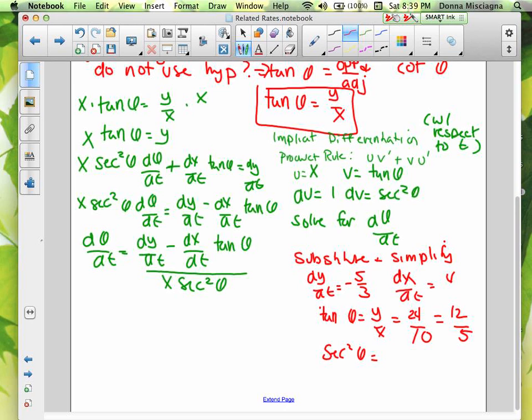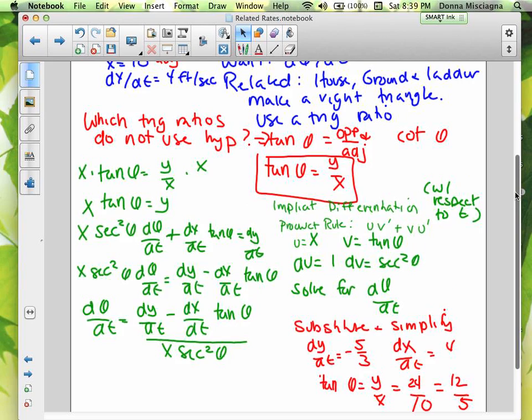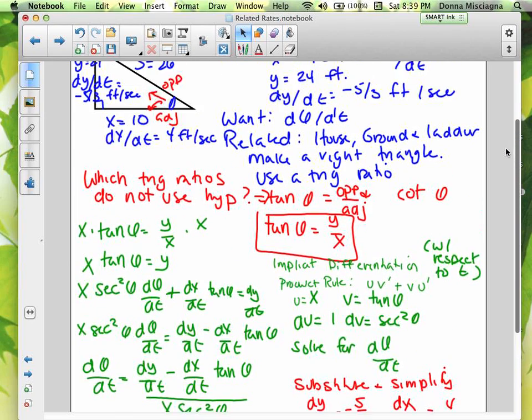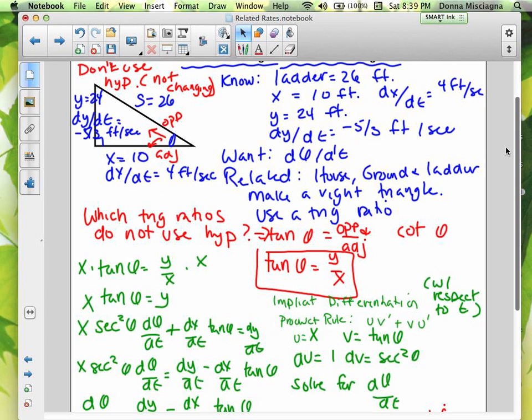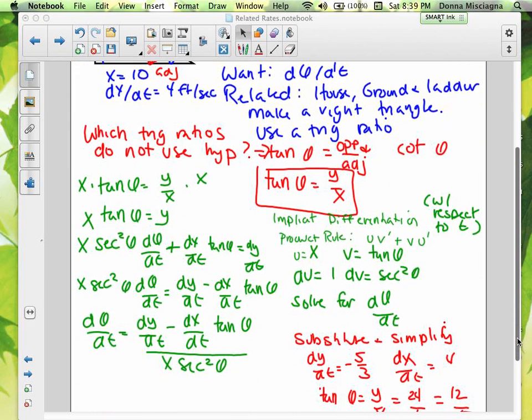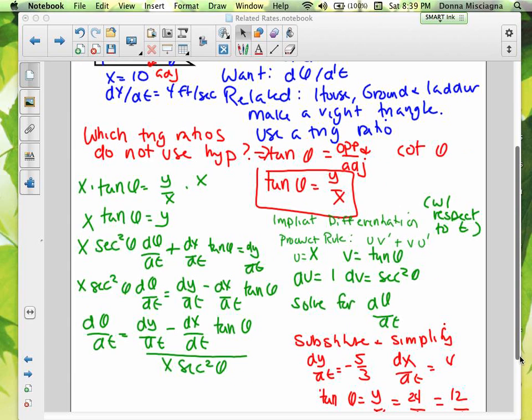And then secant squared theta. Secant is the reciprocal, not the inverse, of cosine. Here, if we look at our triangle, cosine would be the adjacent 10 over the hypotenuse 26, so secant is going to be 26 over 10. The trig ratios for a given angle are just the ratio of the sides.